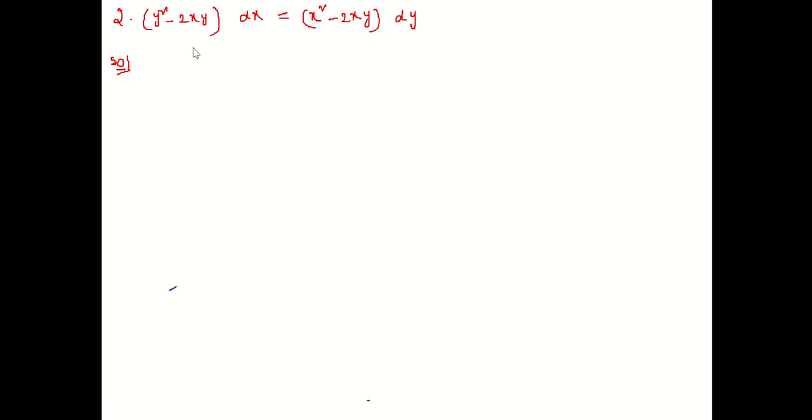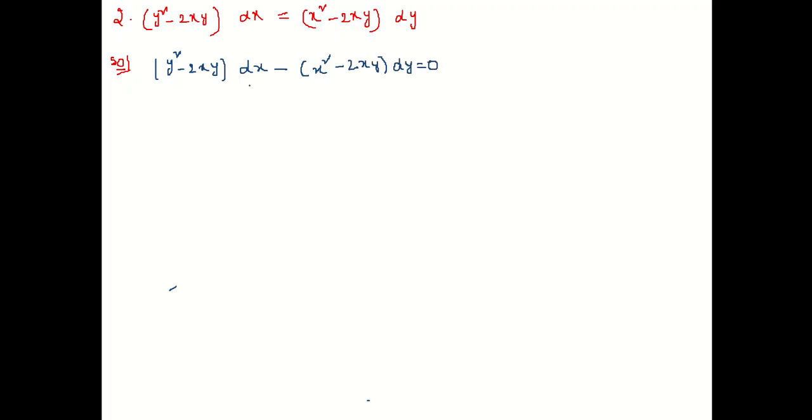Second problem. Solve (y square minus 2xy) dx equals (x square minus 2xy) dy. See here, the problem is not directly in the M dx plus N dy form. M dx plus N dy should be there, but an equals sign is there. So make it into M dx plus N dy. (y square minus 2xy) dx minus, if you move the term to the left side, minus of (x square minus 2xy) dy equals 0.